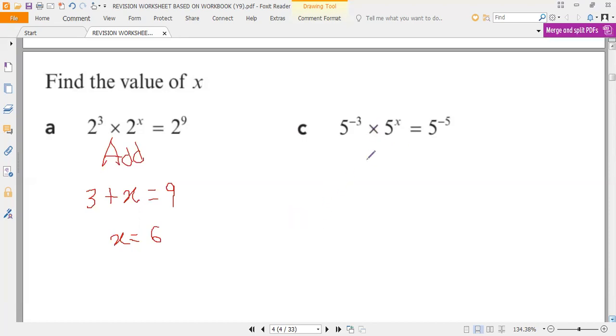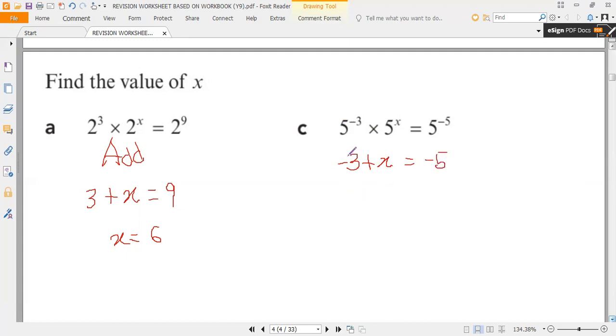Okay, the following question, which is C here, has a negative number for both the places on the left-hand side and also on the right-hand side. So please be very careful. We're also going to add the powers now. -3 plus x equals -5.